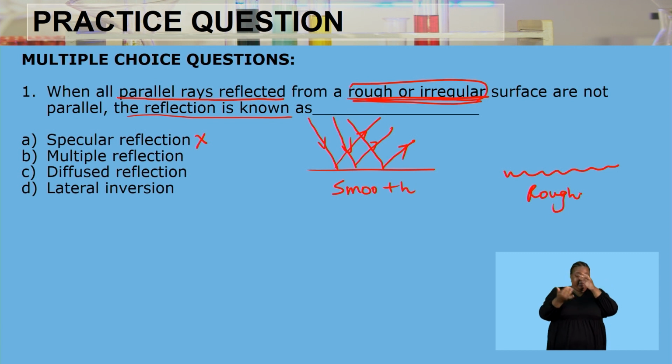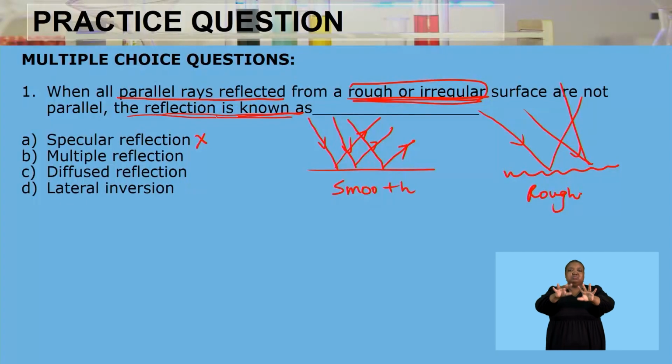So if it is now on a rough or irregular surface, we know that our incident rays that are going to be striking that particular rough surface are going to be scattered in different directions. And because they're scattered in different directions, they are not going to give a clear picture. They are not going to be giving a specular picture.